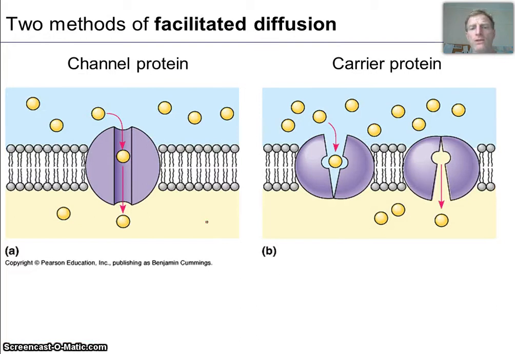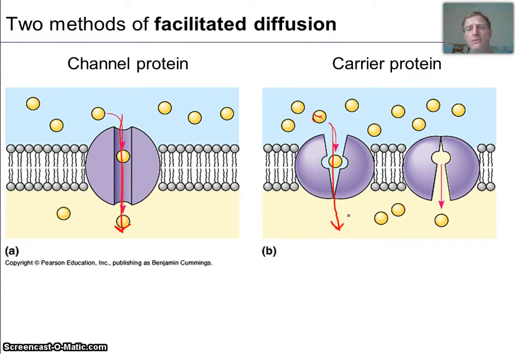And then when we talk about facilitated diffusion, there's two ways the proteins can move things across. Number one, we talked about those aquaporins that allow water to just move right through by opening up a channel. Those are called channel proteins. We can also have carrier proteins where they'll bind to a specific particle and move it through.